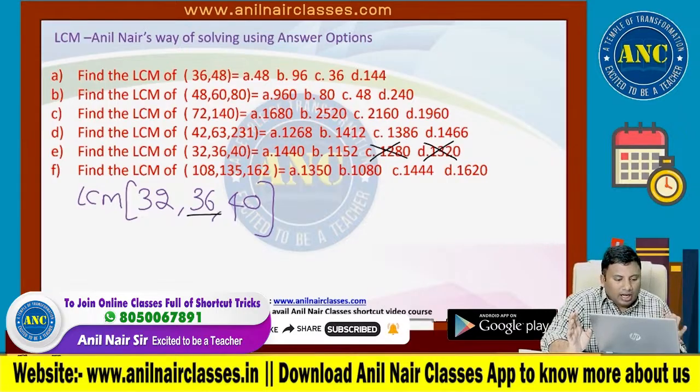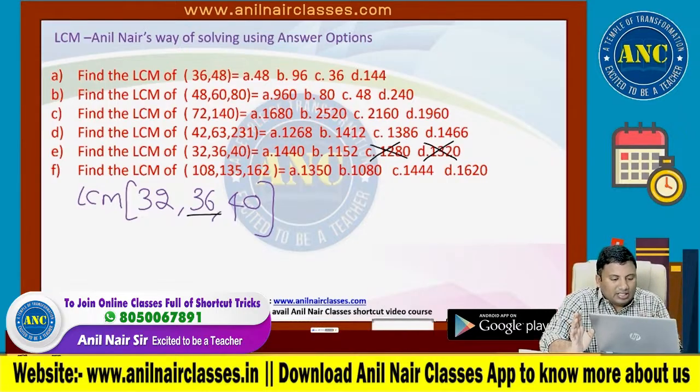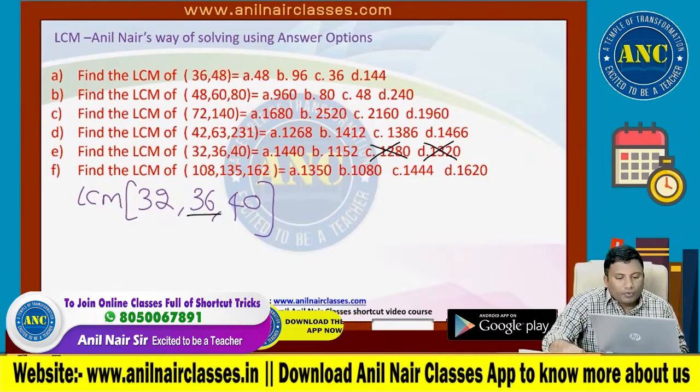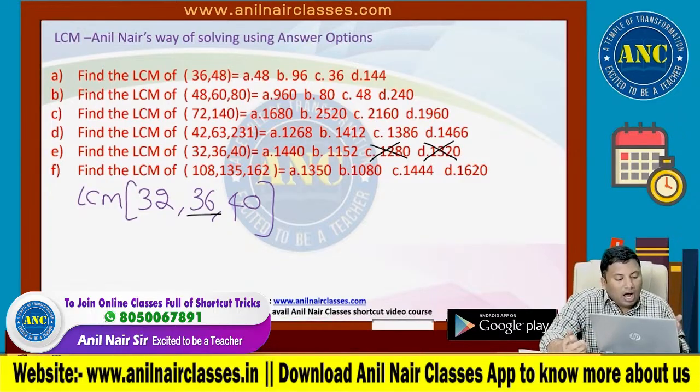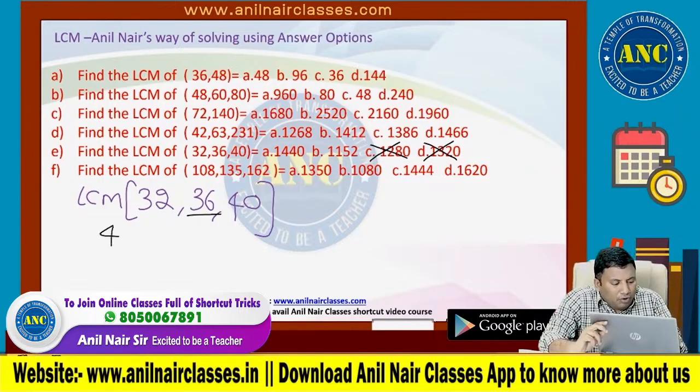So there are 32, 36 and 40. 1440, 1152. Now we can either go by the divisibility rule or by any other rule. Just for clarity, we will use another method.